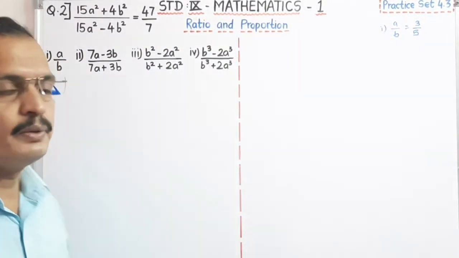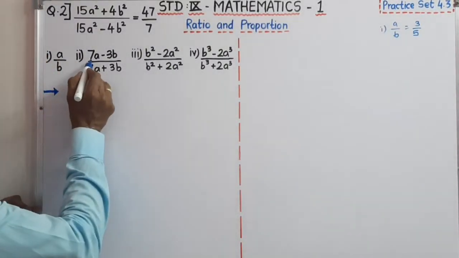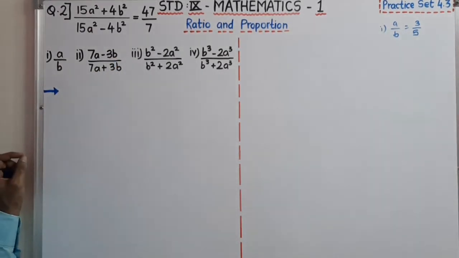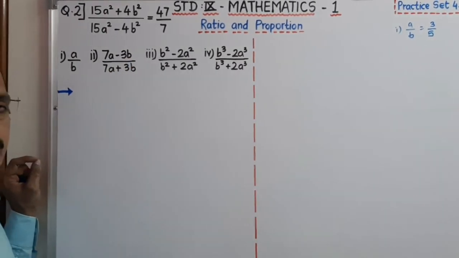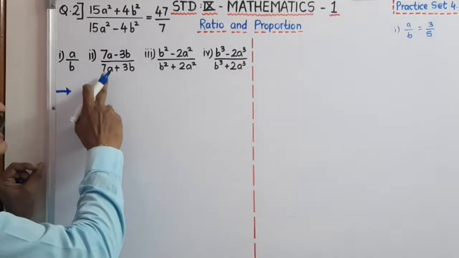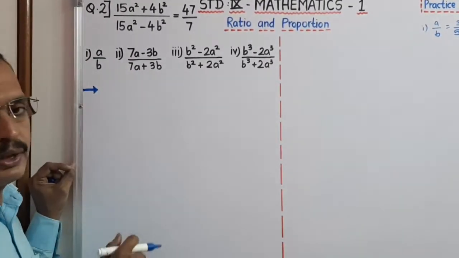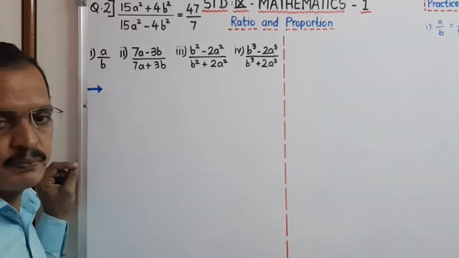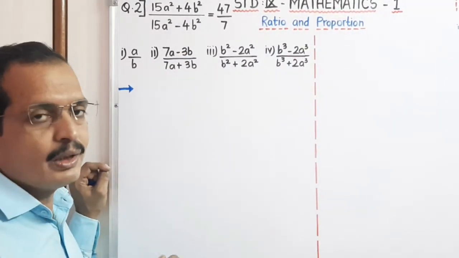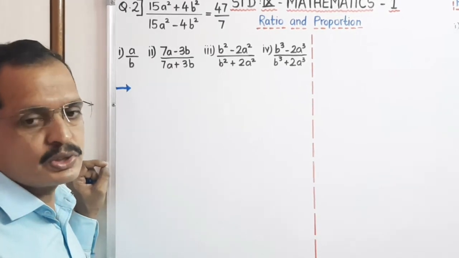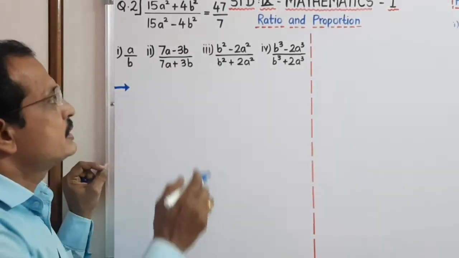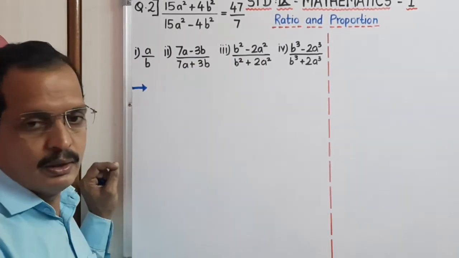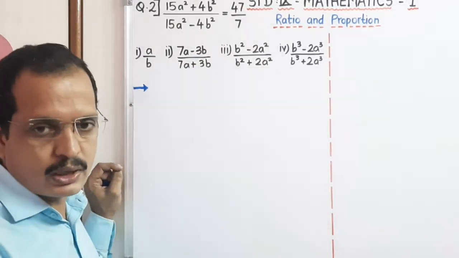Now see dear student, we have to find out the value of 7a minus 3b upon 7a plus 3b. As I have told you in the first video, we learn about the properties of equal ratios. In that, see dear students, 7a minus 3b and 7a plus 3b, such a process is not there.